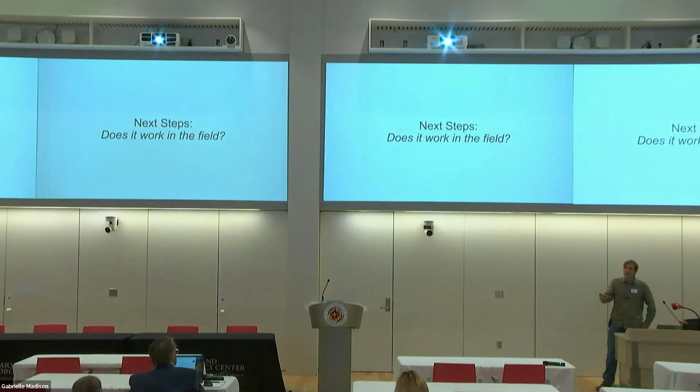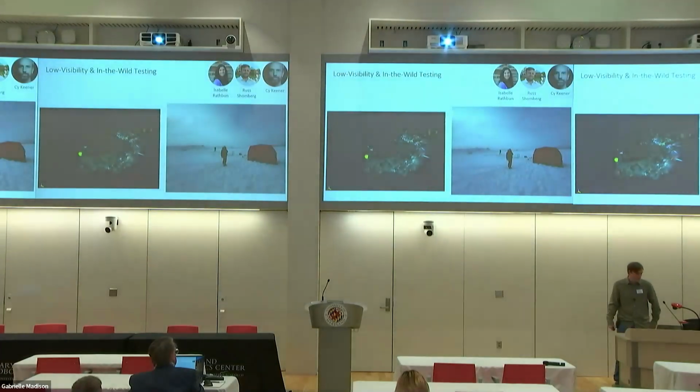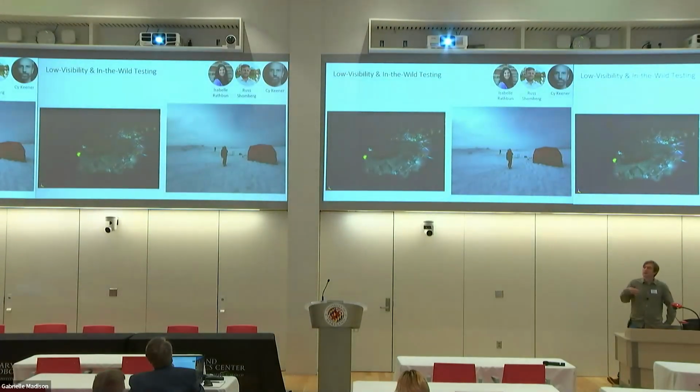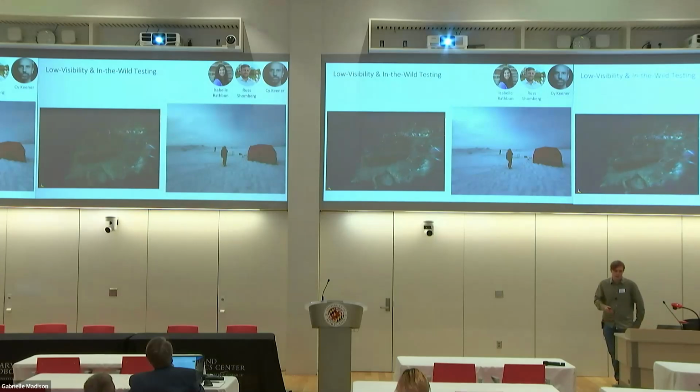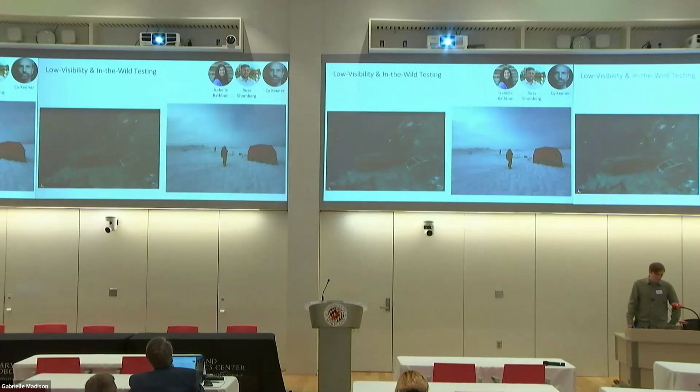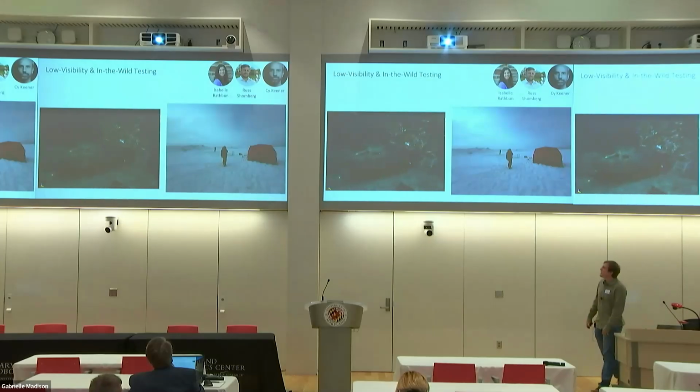And so what we're working on now, in collaboration with Russ and Sai in the audience, is getting this to really work out in the field. So how can we perform RGB sonar sensor fusion to reconstruct in low visibility conditions, really taking advantage of the fact that we're getting complementary information from the sonar?